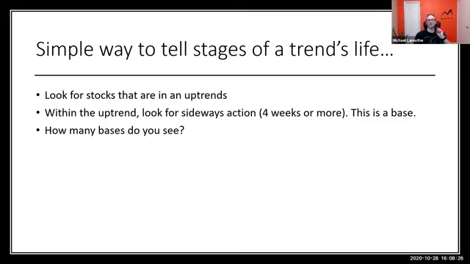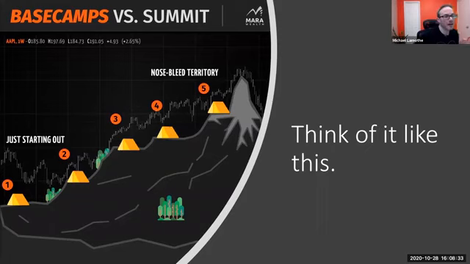So I want you to start thinking of it like this, where you have these base camps, right? The stock starts to consolidate over here, and then it runs up and consolidates again. There's its second little base camp, and it's like it's climbing up the mountain. There's another base, it climbs up some more, then it pauses, right?